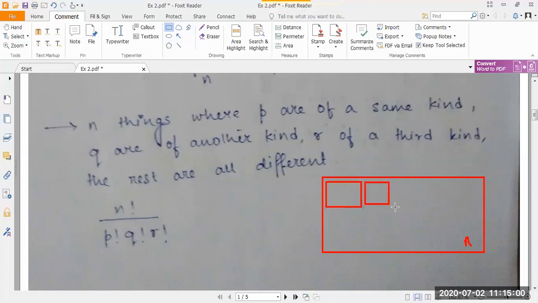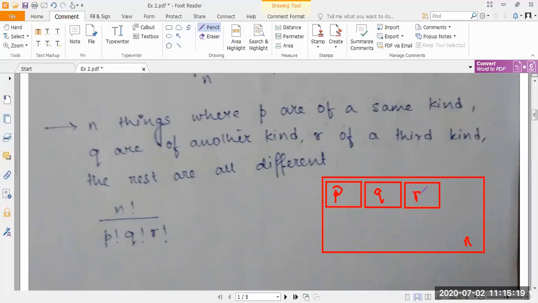What I notice is, of these n balls, there are p balls which are red in number, q balls which are, let's say, blue in number, and r balls which are, let's say, green in number.